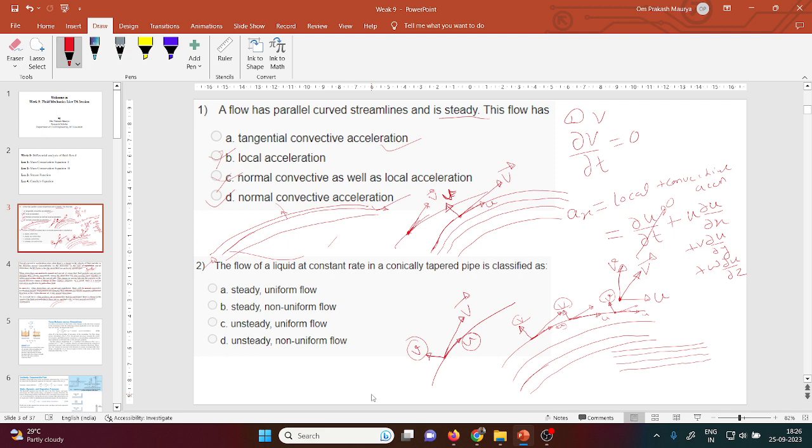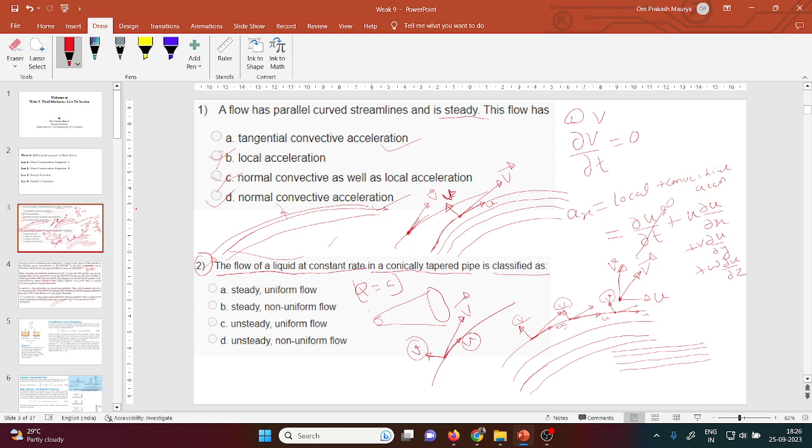So if you see, question number two is a very easy question. The flow of a liquid at a constant rate. Constant rate means Q is equal to constant, there is no change with respect to time, in a conical tapered pipe. Let's say the pipe is like that, conical tapered. This conical tapered pipe is classified as what?